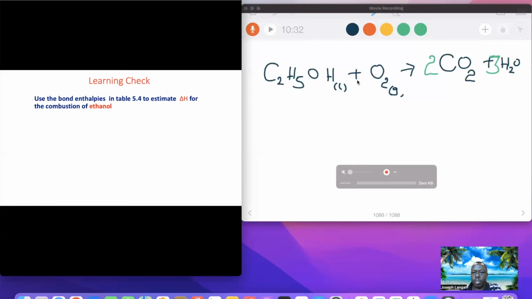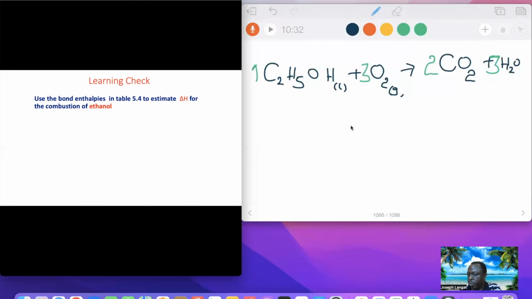And then oxygen on this side, I do have 2 plus 1 is 3, and then here is 4 plus 3 is 7. So if I put 3 here, this will be 6. So you need to balance the equation first.